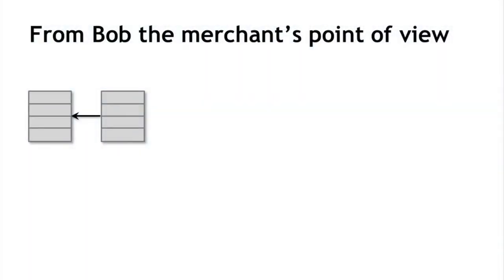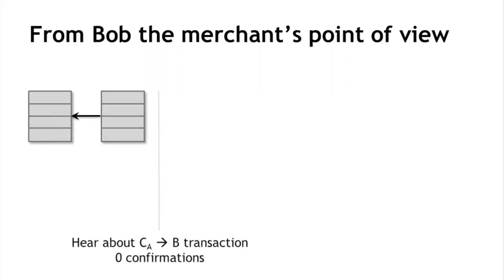Understanding how Bob can protect himself from this double spending attack is really going to be a key part of understanding Bitcoin security. So let's look at what happened here again. We have a couple of blocks in the blockchain. At this point, Alice broadcasts a transaction that represents her payment to Bob. Bob is going to hear about it on the peer-to-peer network right here, even before the next block gets created.